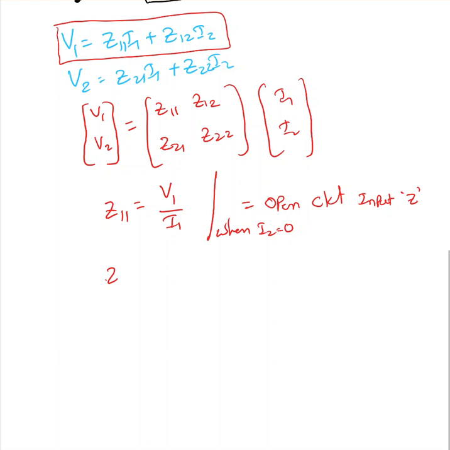The next one is Z12. If you look here, I want to find this term, so this term must be 0. Z12 equals V1 over I2 when I1 equal to 0. This is called open circuit. Z parameters are always open circuit because either I2 equal to 0 or I1 equal to 0.